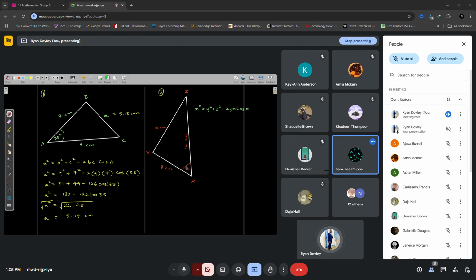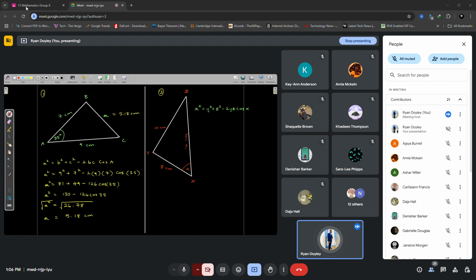Yes, so x is a missing angle. So whatever is missing, that's what we start with and end with. So like this one, A was missing, so we start with A and we ended up with A over here. So just pay attention to that.